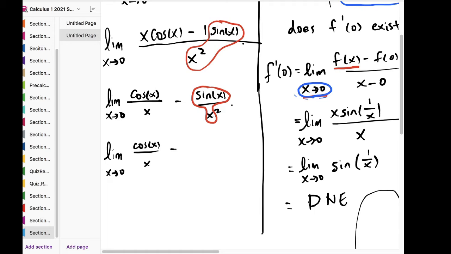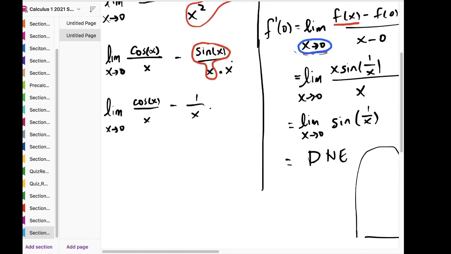Well, there's only one x left in the denominator. It's x times x, and you're just left with 1 over x. So now you get cosine x minus 1 over x. Any remember how to solve this limit now?